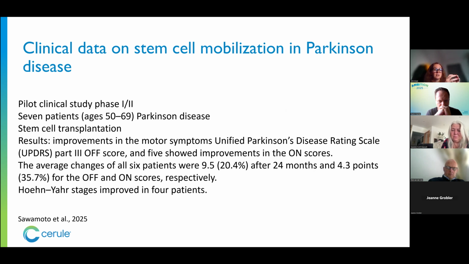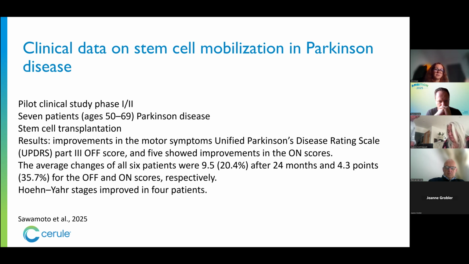This UPDRS scale assesses several subscores. Part 3 is the motor symptoms. Part 1 is the cognitive symptoms, and these are the two main parts. We can see that there is an improvement in part 3 of the UPDRS, the Unified Parkinson Disease Rating Scale, which suggests an improvement in the motor symptoms, both in off score and on score.